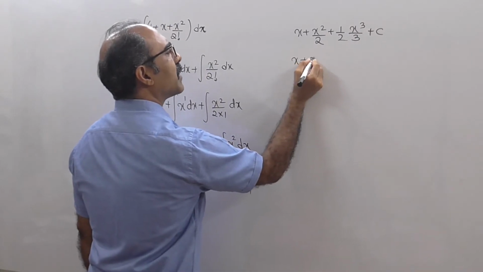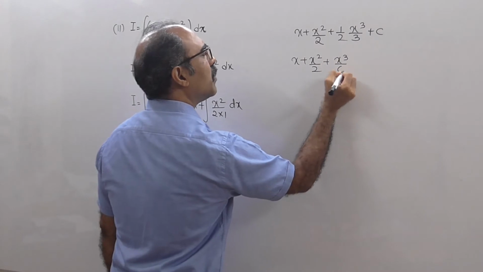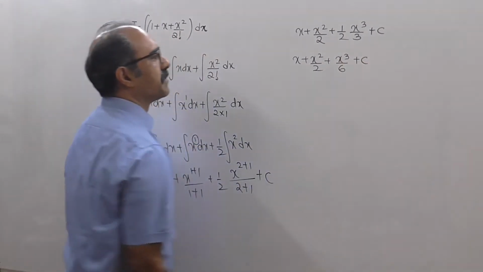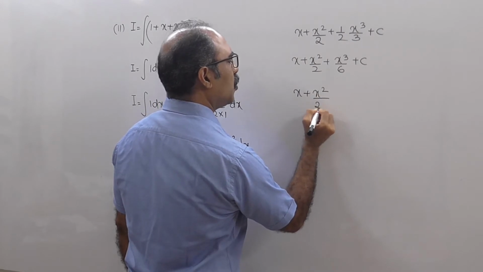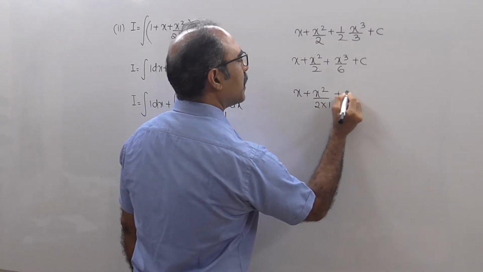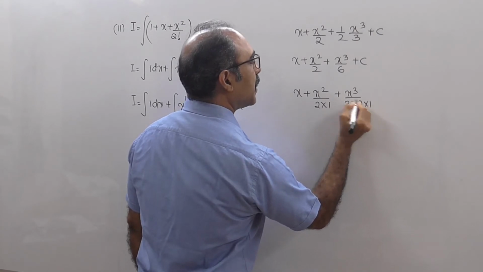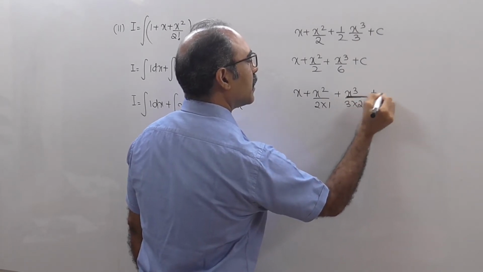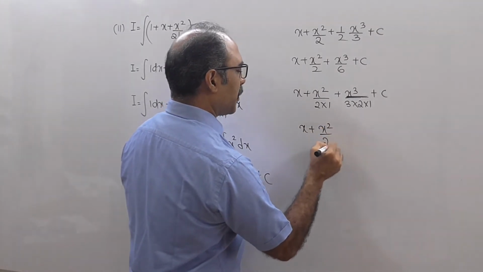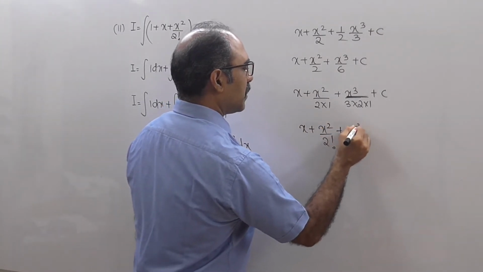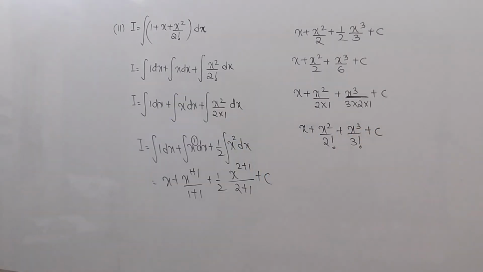We can write this as x plus x square upon 2 plus x cube upon 6 plus c. This could also be written with 2 as 2 into 1 and 6 as 3 into 2 into 1, so x plus x square upon 2 factorial plus x cube upon 3 factorial plus c.